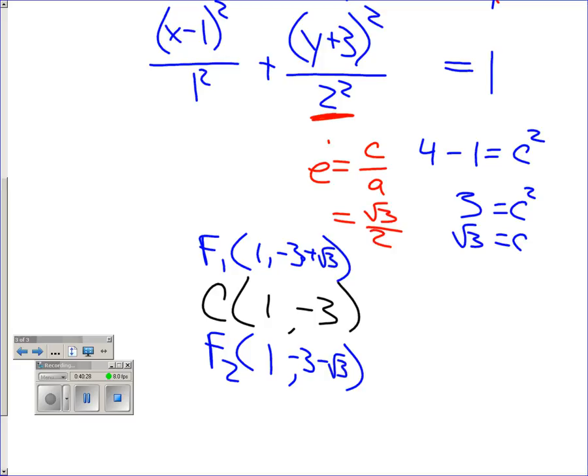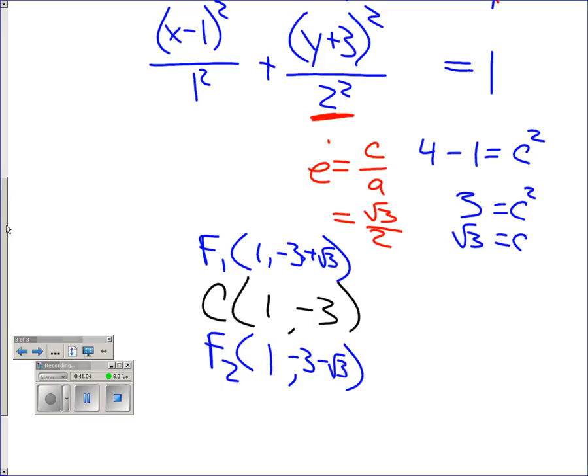This one is exactly the same ellipse as number 17. In fact, the only thing that's different is that it was opening vertically as well. We just got a different center point. But I meant on the text, is it possible that it wouldn't be root 3? Yes, it's possible. They're just using small numbers so that you're not going a whole lot from it, but it doesn't have to always be root 3.